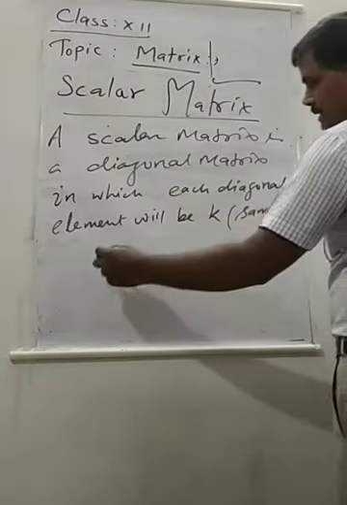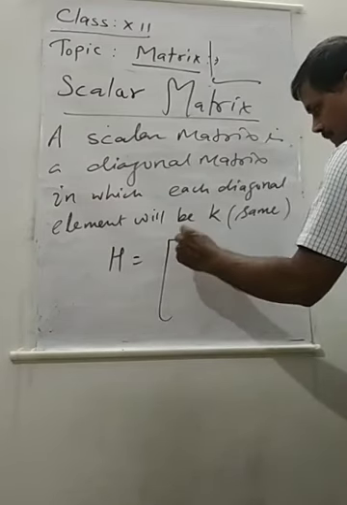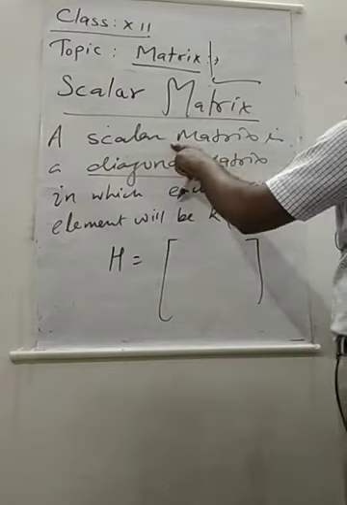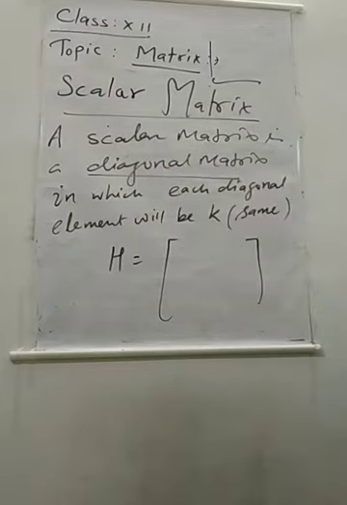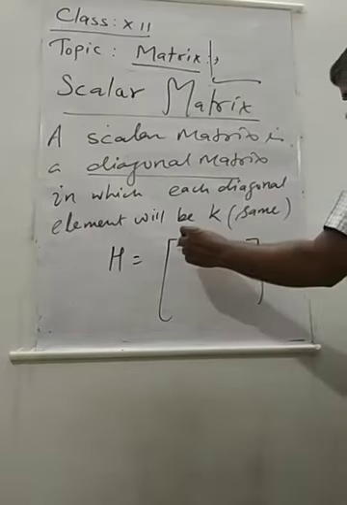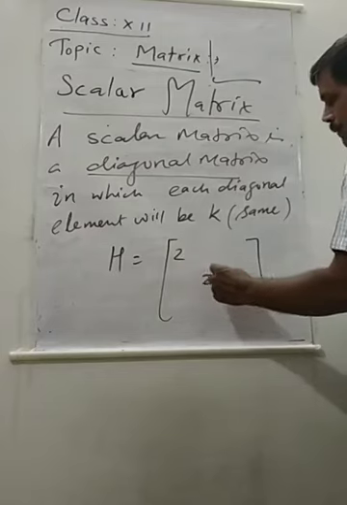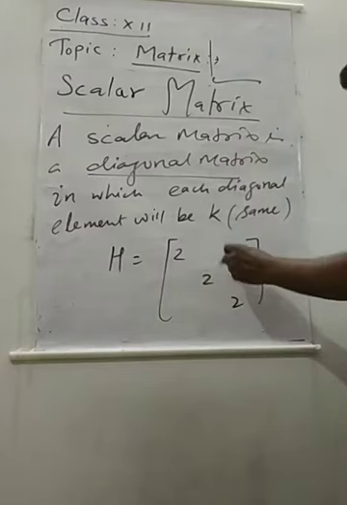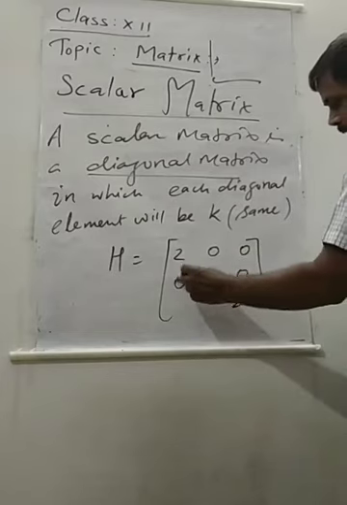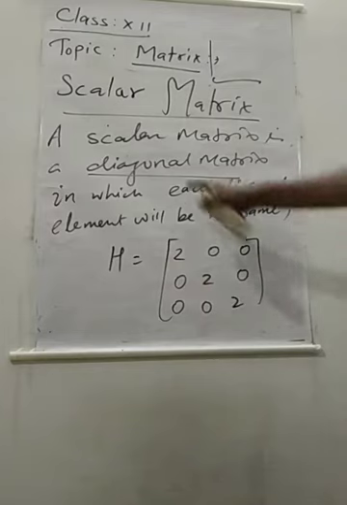See the example to understand the definition. Suppose H is a matrix. Undoubtedly it is diagonal because we have defined scalar matrix with the help of diagonal matrix, friends. So it will undoubtedly be a diagonal matrix, but the diagonal elements will be identical, means same. We can put something, 2, in place of diagonal. Others must be 0, you know very well. So yes, this is a good example of a scalar matrix.